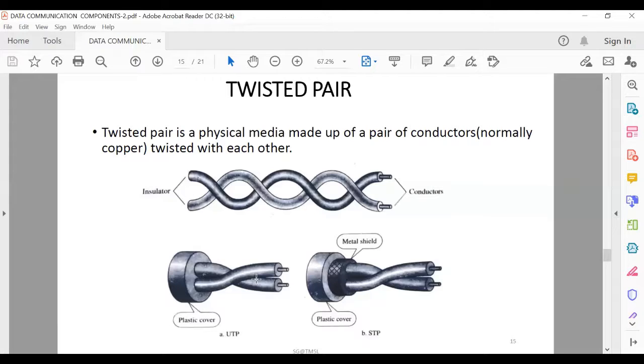There may be some noise, as well as noise which is generated nearby. So these are the different disadvantages available for UTP.